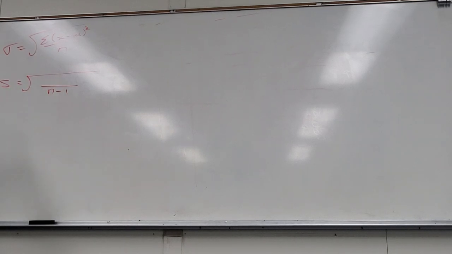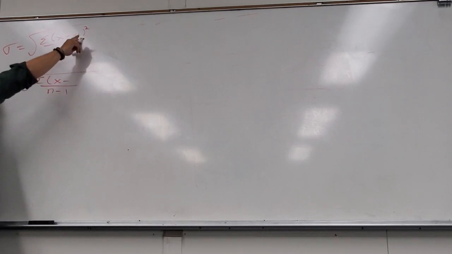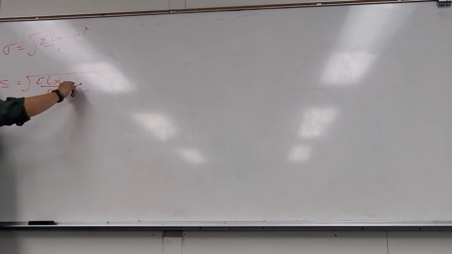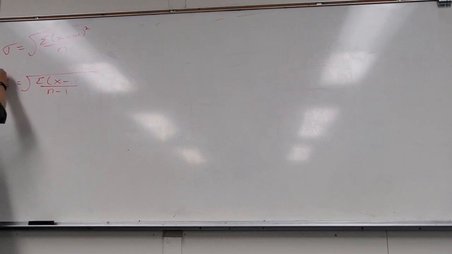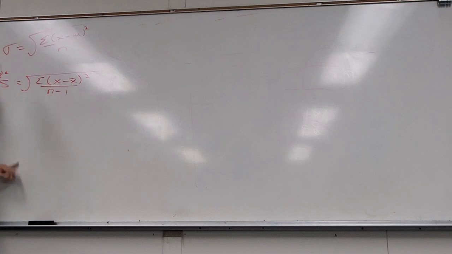What's 20 divided by 4? 5. The answer became bigger because I divided by less. And the only other difference would be right there. Instead of mu, what would I use for a sample? X bar. They are essentially the same formula. This little guy is just an adjustment because it's a poor little sample.